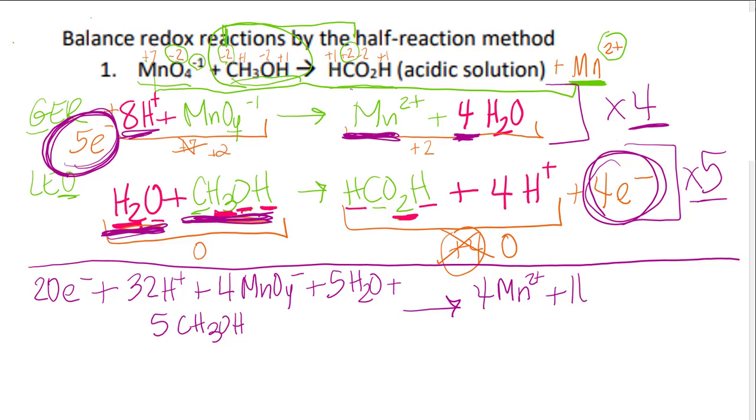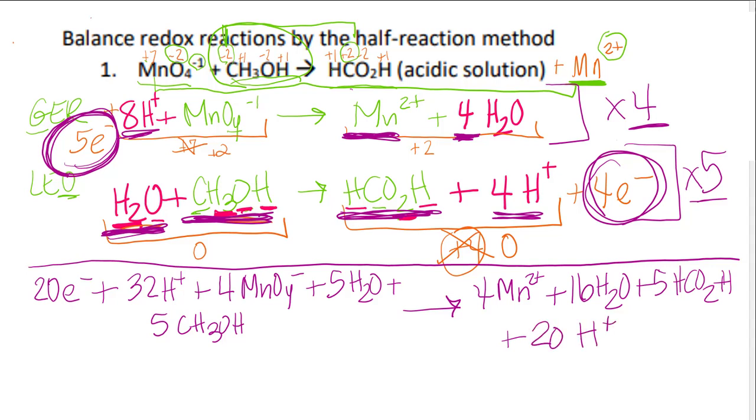We had to times it by 4, 16 waters, plus we had 1, but we had to times it by 5, so 5 HCO2H, plus we had 4 H pluses times 5, so that would be 20 H pluses. And then, not finally, because I forgot about the electrons here, plus 4 electrons times 5 is 20 electrons.